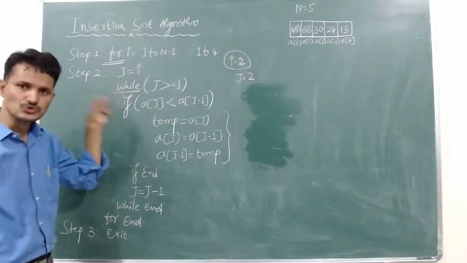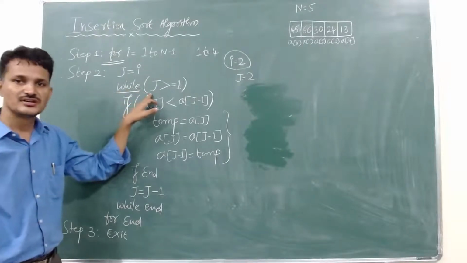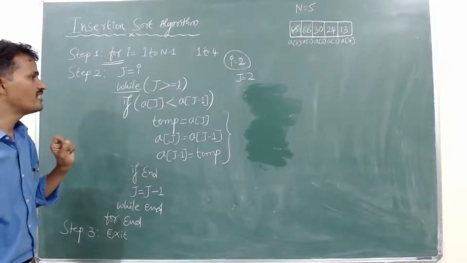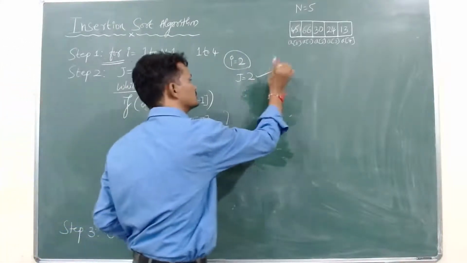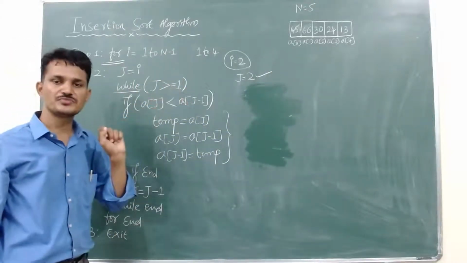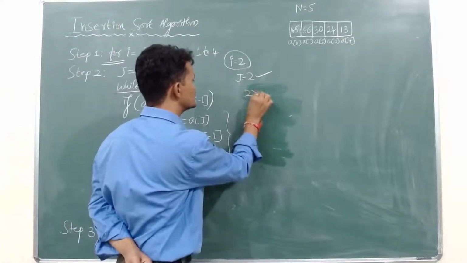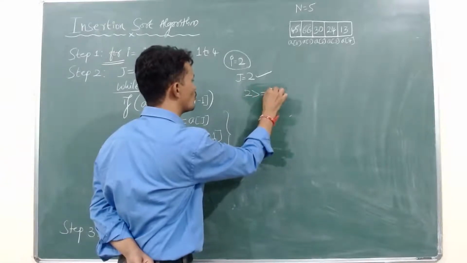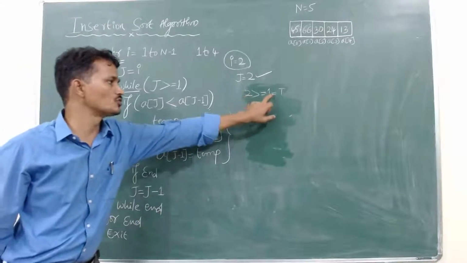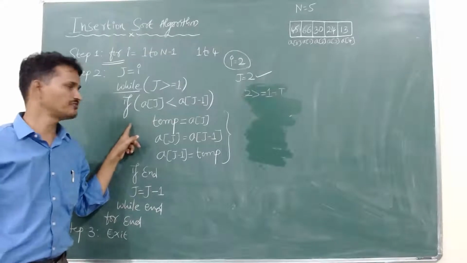In step 2 itself, while open parenthesis j is greater than or equal to 1. What is the value of j? 2. 2 is greater than or equal to 1. Yes, it is true. Condition is true. Let me write here, 2 is greater than or equal to 1. Condition true. When this condition is true, I'll execute this if condition.